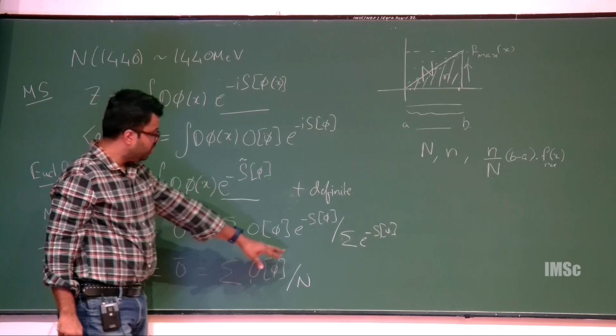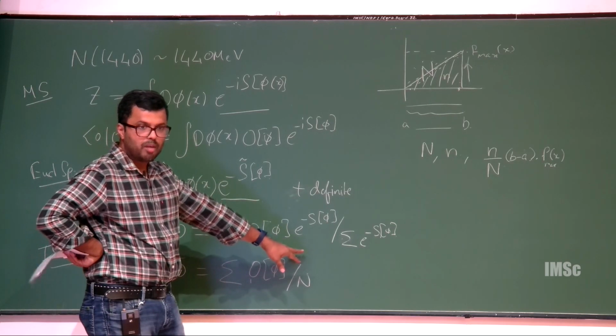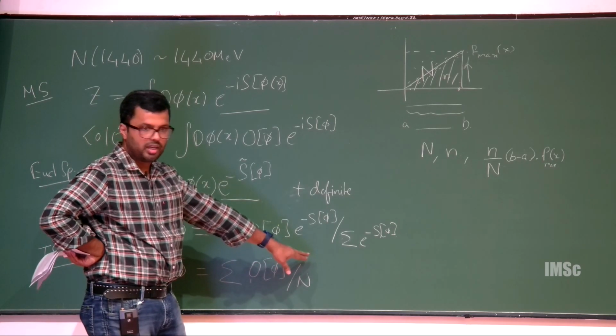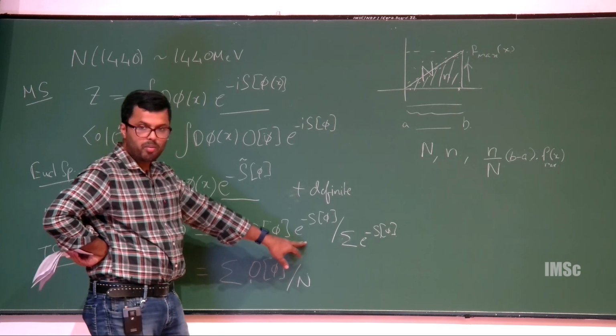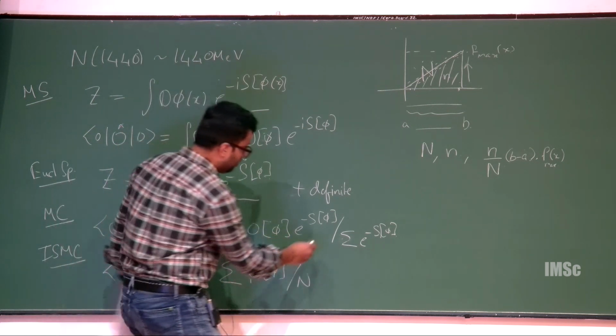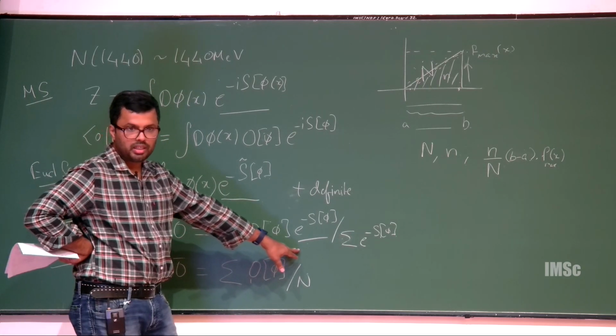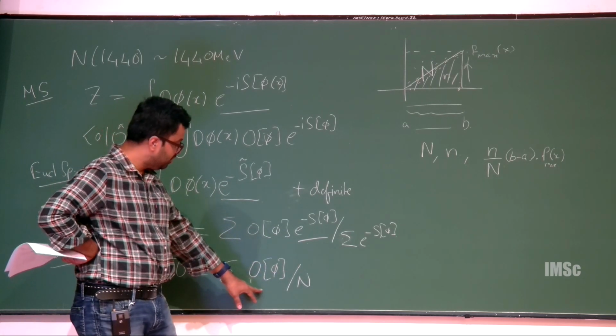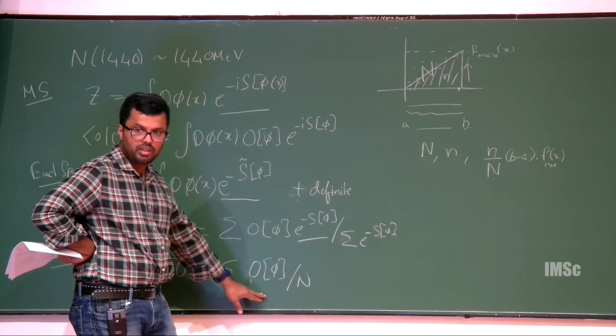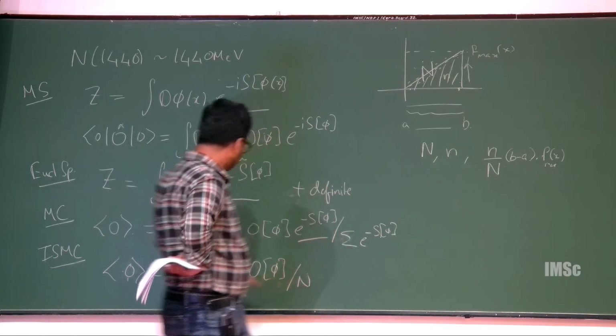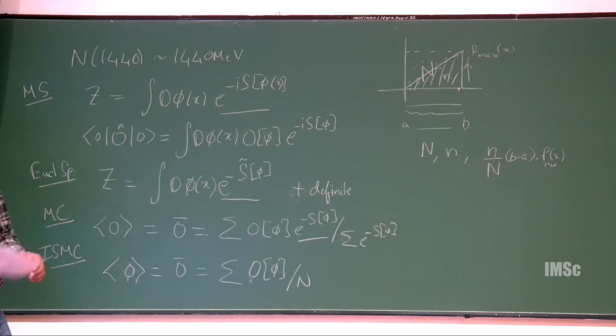So what I basically did is I sampled the configurations, or sampled the random numbers, with a probability equal to e raised to minus S, and this way whatever distribution I get is simply giving me the integral value. All right, so this is called importance sampling Monte Carlo.